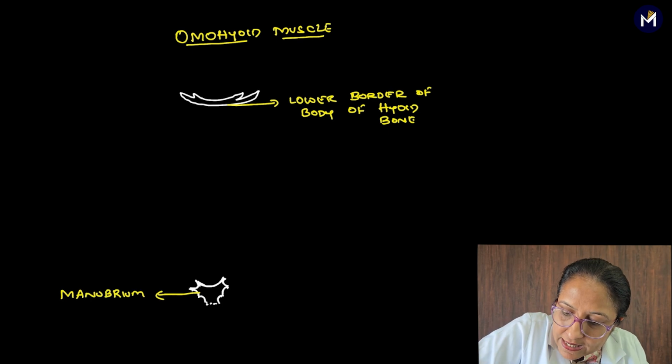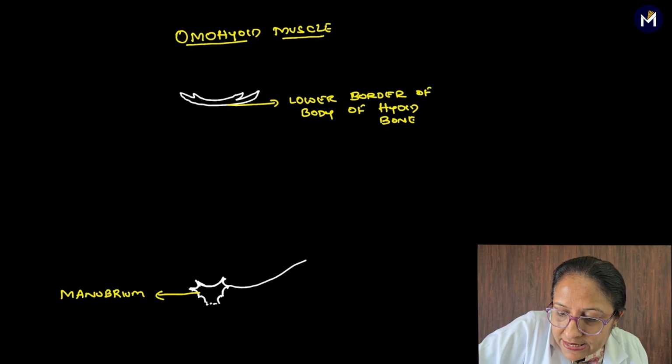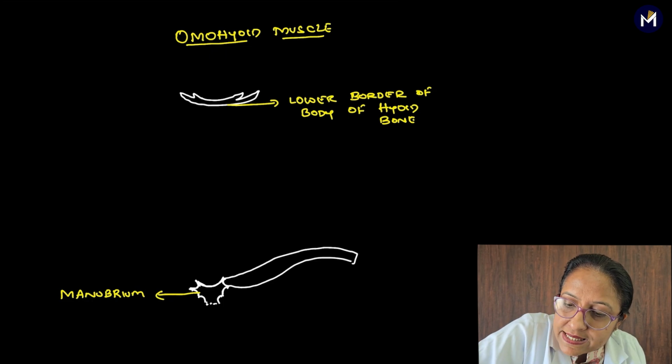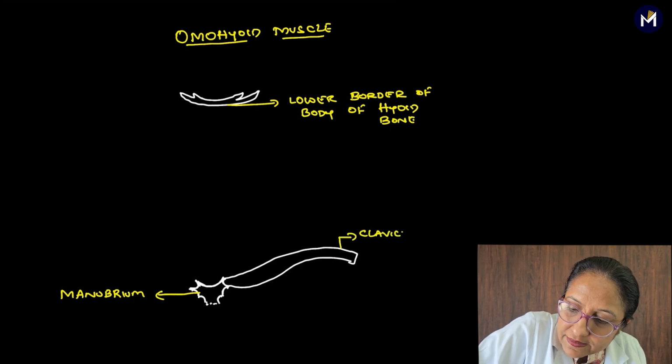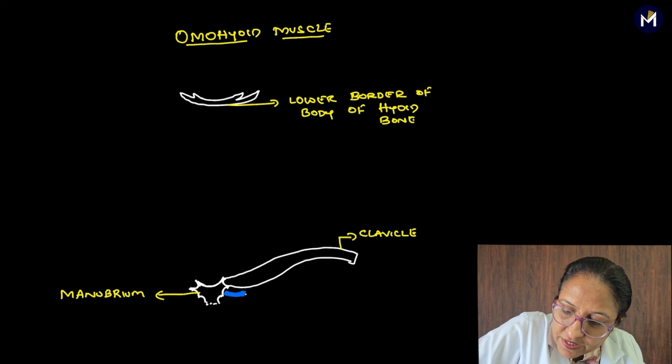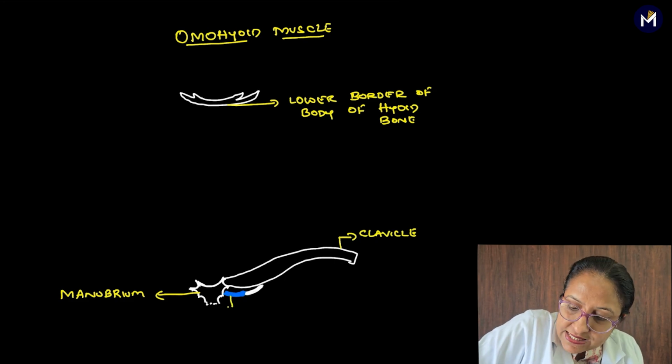Next, draw the clavicle here. Label this as clavicle. Draw the first costal cartilage and the first rib. Label this as first costal cartilage.